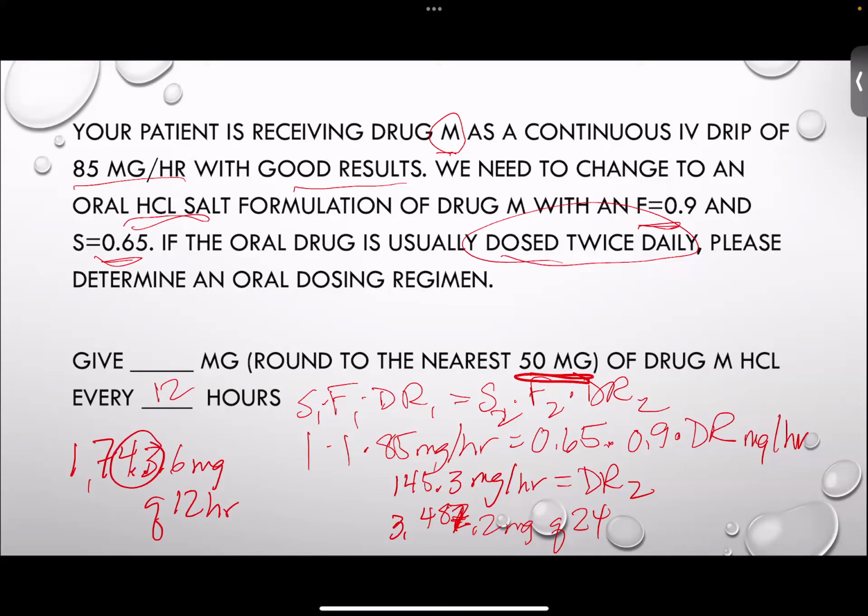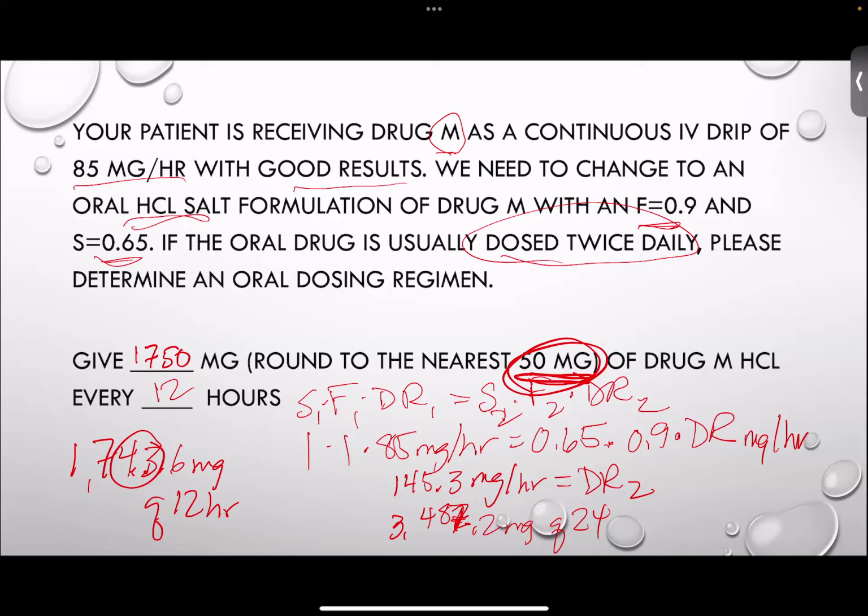So 43 is closer to 50 than it is to 0. So I'm going to give 1750. Okay, understand rounding to the nearest 50 milligrams. You don't always round down. I think some people maybe have told you that, but clinically we don't do that because sometimes it's more important that we make sure we're therapeutic, right?